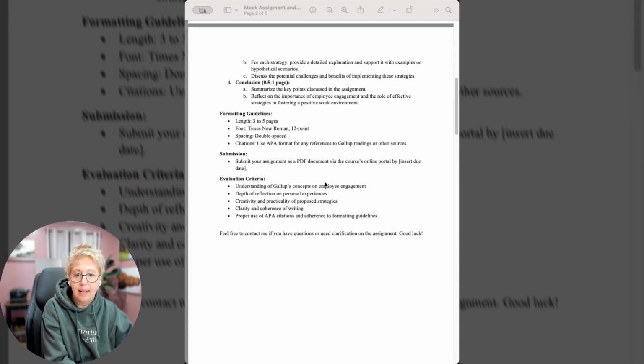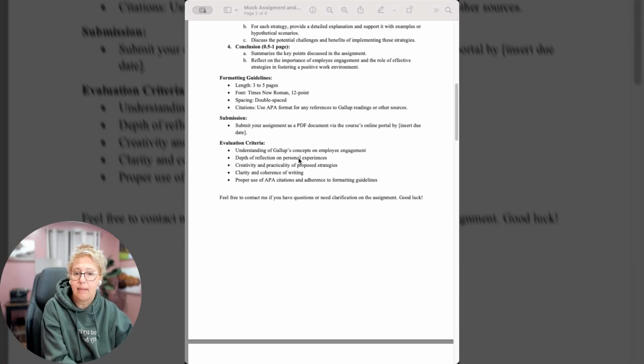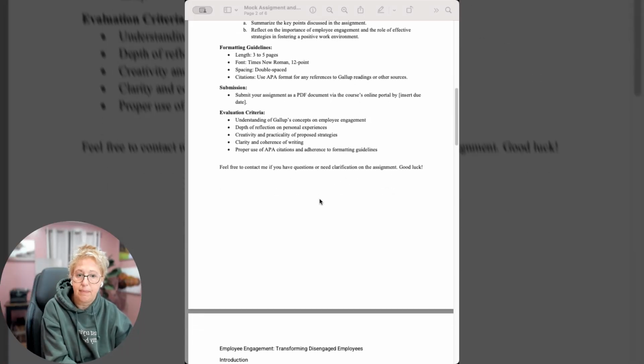Here are the formatting guidelines, the submission date, and the evaluation criteria.